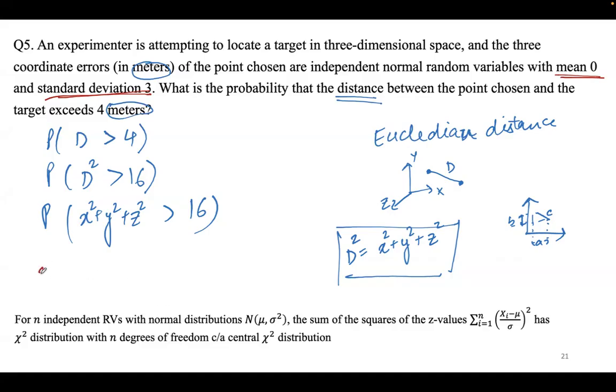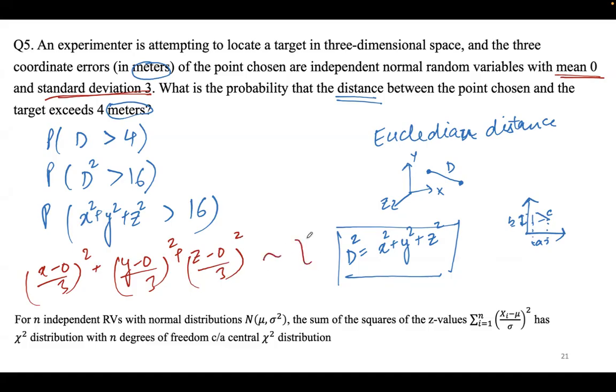That means that ((x minus 0) by 3) whole square plus ((y minus 0) by 3) whole square plus ((z minus 0) by 3) whole square follows chi-square distribution with 3 degrees of freedom, because we're talking about 3 random variables, 1, 2, 3. So this mainly means that (x square plus y square plus z square) by 9 follows chi-square distribution.